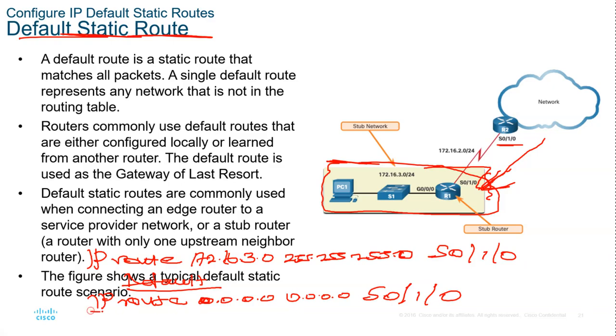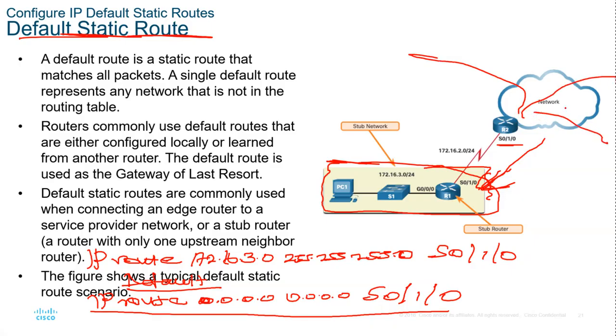This will allow us to go beyond, to the internet, connect to this network and reach other different networks. But the route from the service provider is stated to reach only this network.